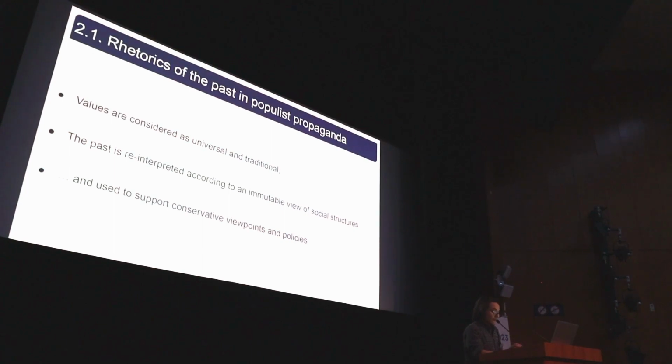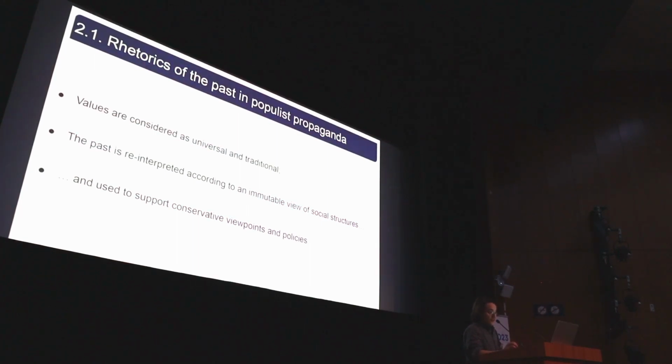The historical elements used in populist propaganda are characterized by a monolithic and static vision of the past and of social structures, which are proposed as universal and unchangeable. For example, refusing the idea of the current societies as the result of a long-term cultural and ethnical hybridization due to migrations, or promoting the idea that the nuclear family is historically and geographically universal.